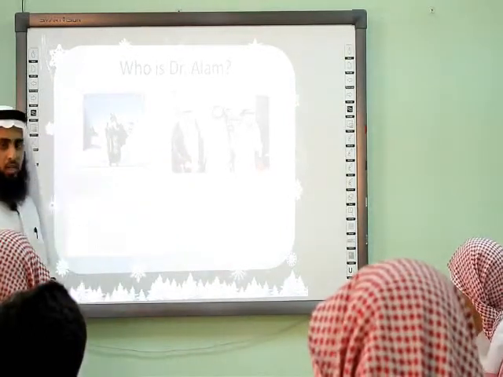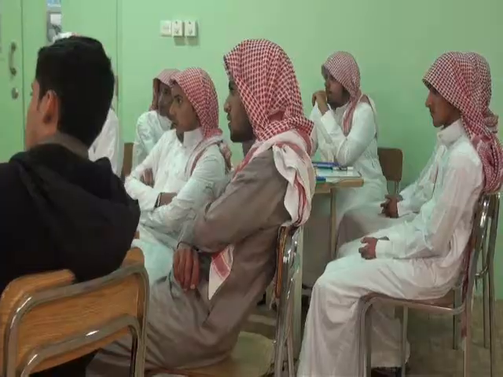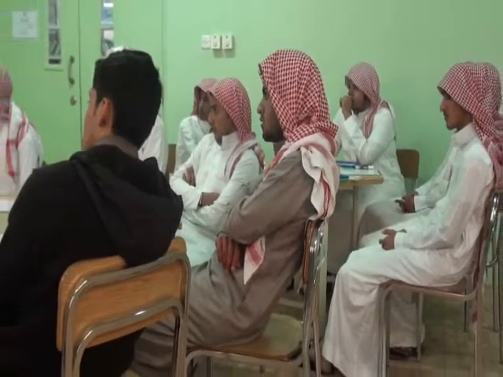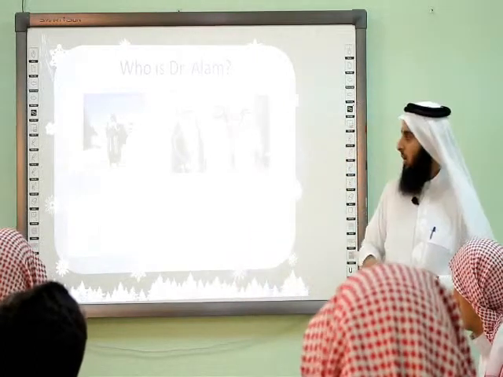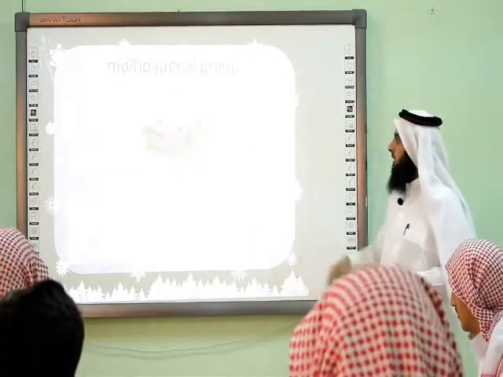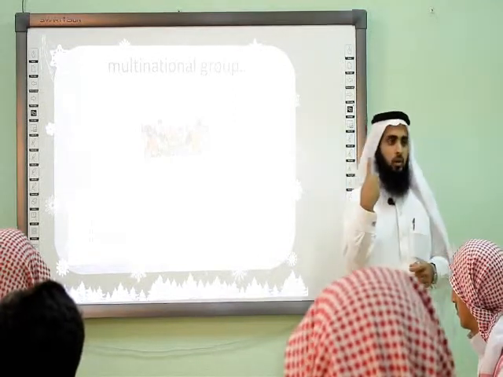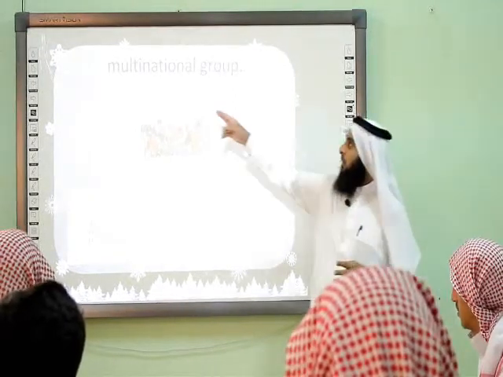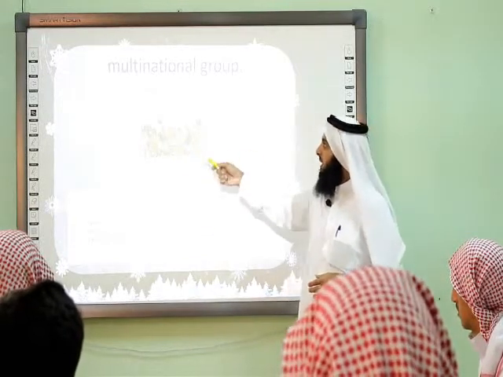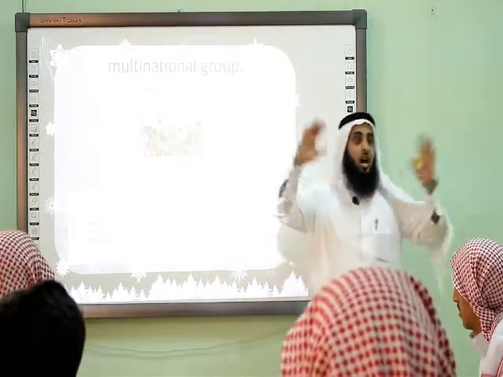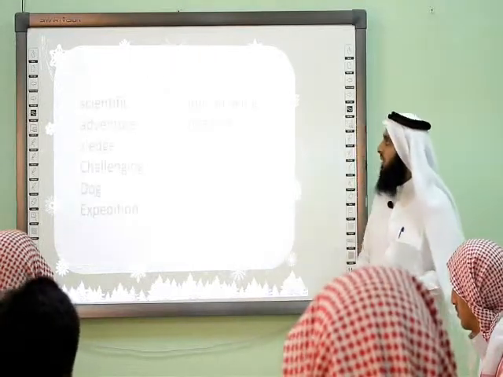They are the two Saudi teachers, two Saudi scientists who explored the Antarctic. Very good. To explore the Antarctic. They went alone? No. They went with a multinational group. A Saudi, a British, a Chinese, you see? A multinational group to explore the Antarctic.